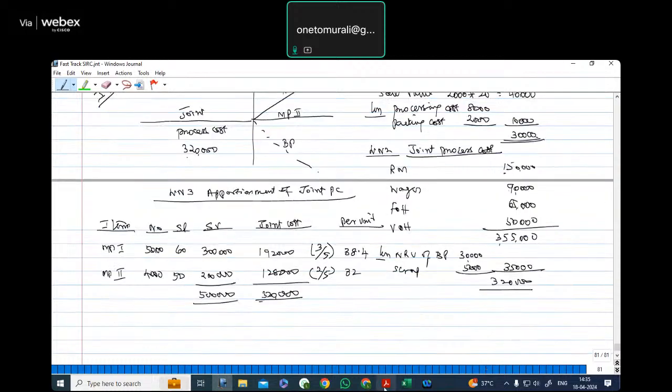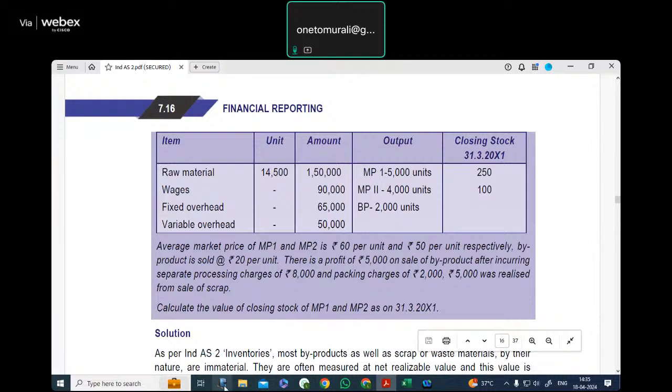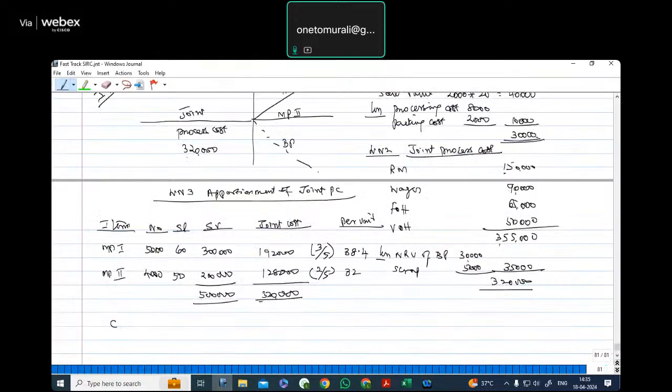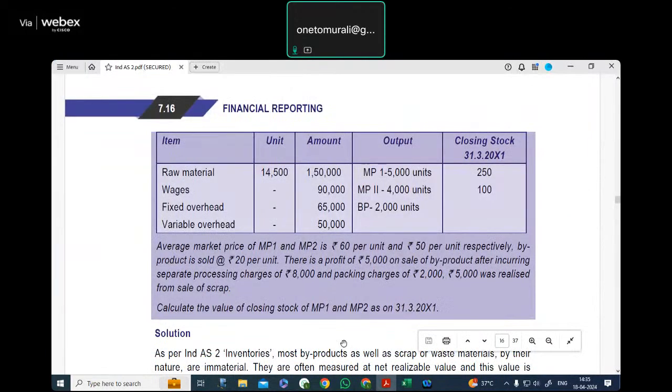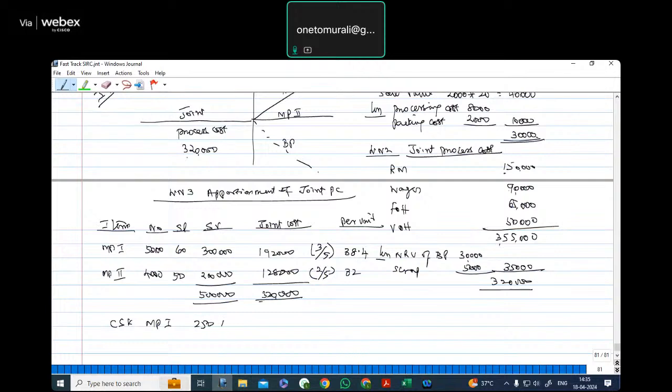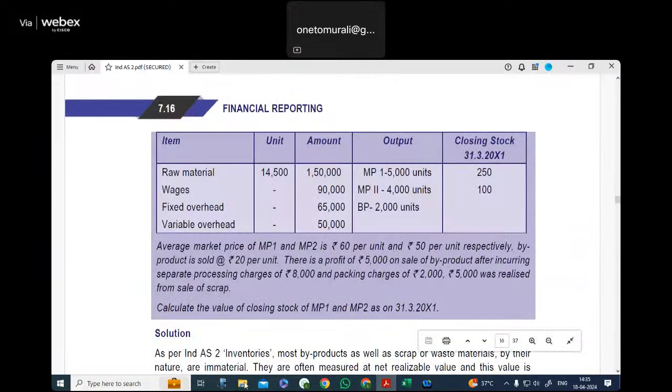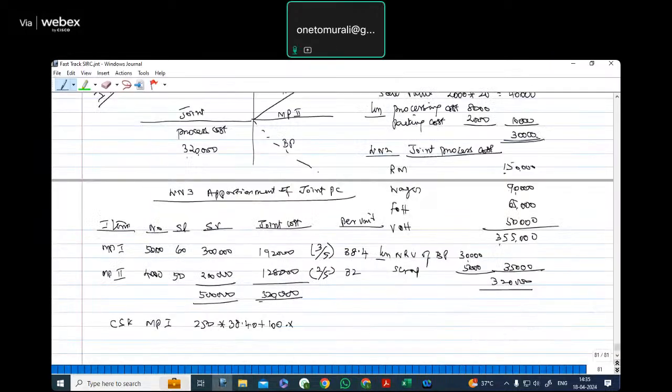So the question they've asked is, what is the closing stock of MP1 and MP2? So closing stock MP1, number of units being 250. 250 into 38.4 plus 100 into 32, all that comes to 12,800.